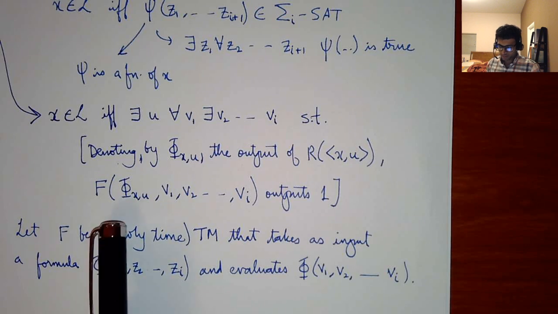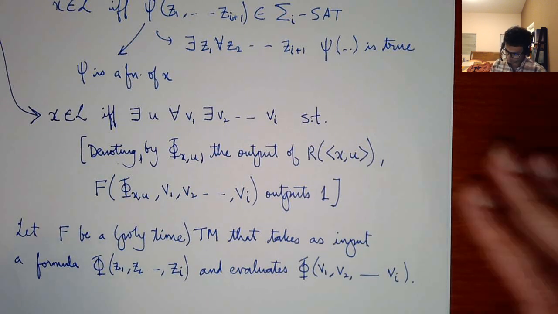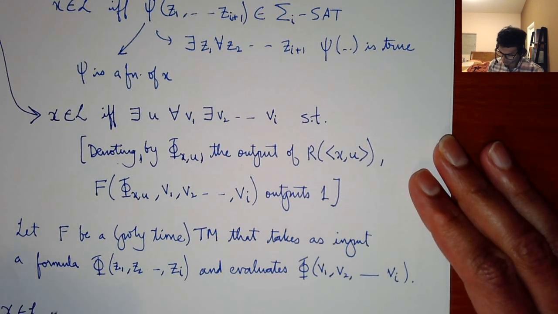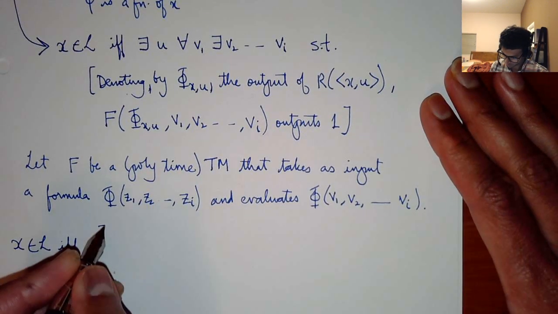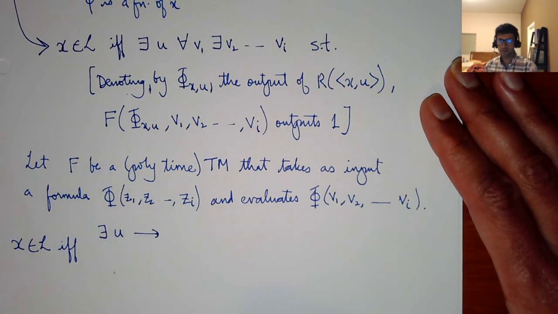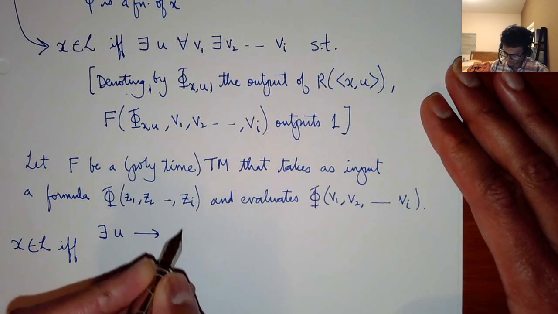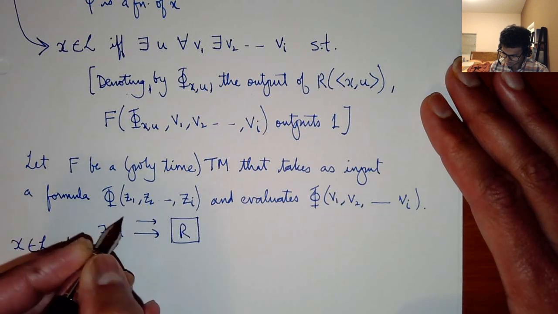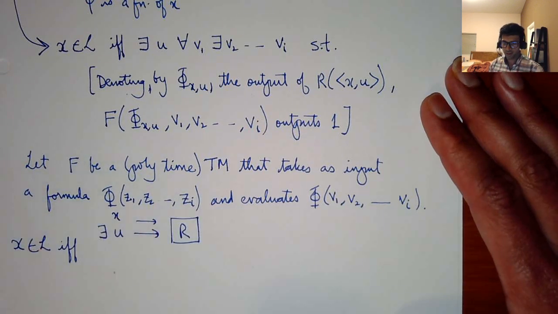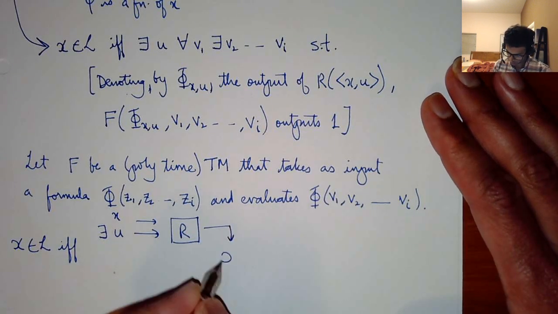We'll say there's some polynomial time procedure that actually does that evaluation. So the way I want to think of this is, I'm going to draw a picture. X is in L if and only if there exists a U that's being fed. And here is R. So X is being fed, and if there exists a U to feed, this is going to output a phi.